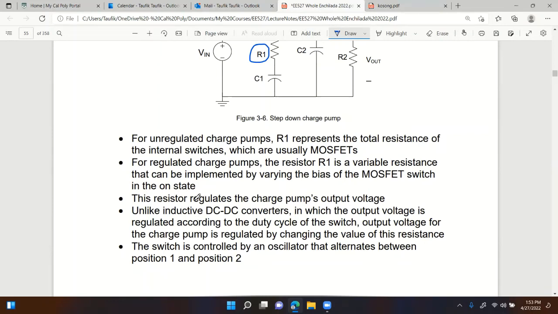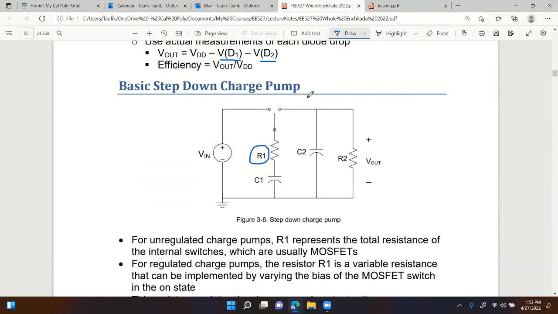This resistor regulates the charge pump's output voltage, unlike inductive DC to DC converters, in which the output voltage is regulated according to the duty cycle of the switch. Output voltage here is regulated by changing the value of this resistance. The switch is controlled by an oscillator that alternates between position 1 and position 2, just like the previous one. There's no 1 and 2 here; there should be 1 and 2 there. There you go.